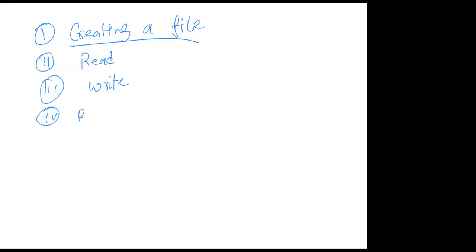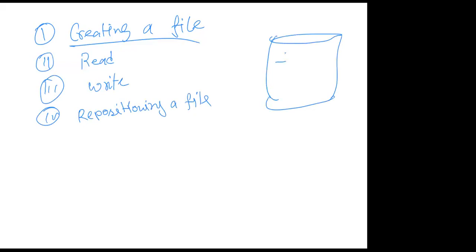repositioning a file. What is repositioning a file? Let's say this is the SSD, and this is the block number in here, block in here, block in here. Here is let's say some bytes stored in here.